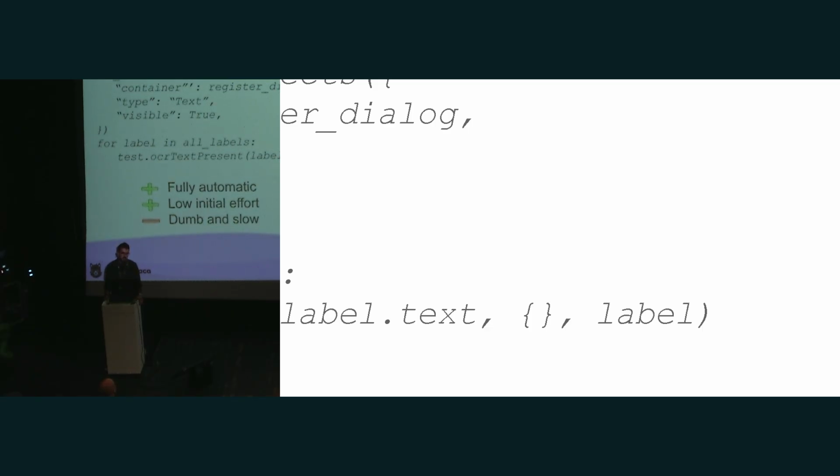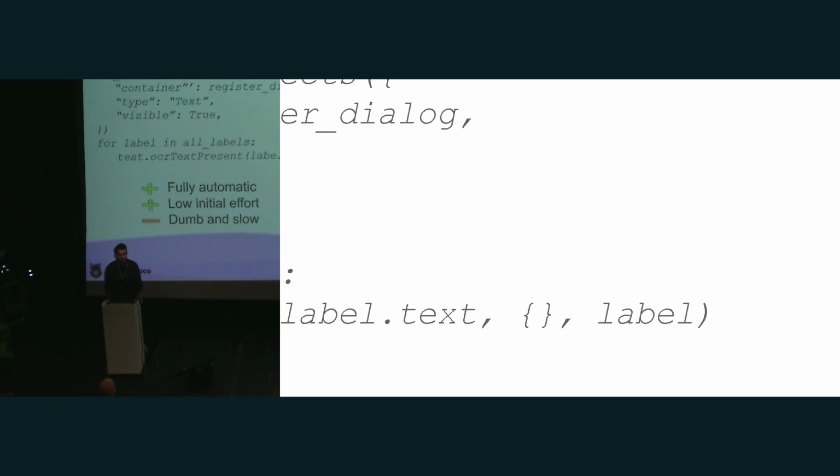But there is also another approach that uses OCR-based verifications, so optical character recognition engines, like Tesseract. With this approach, the general idea is to grab all the visible elements like labels, texts, anything that we can read, basically, and then iterate over these objects.